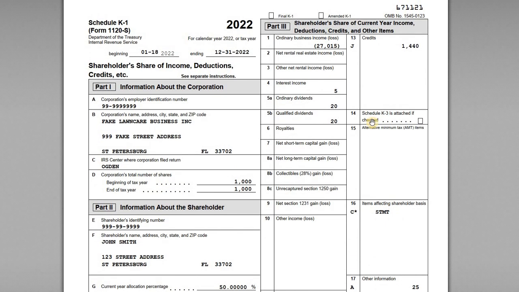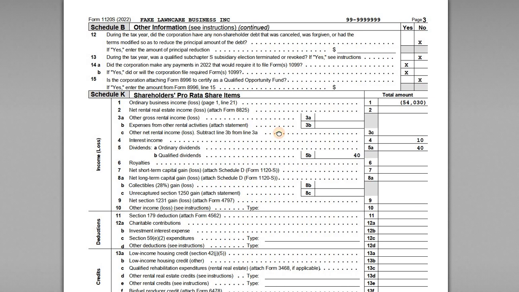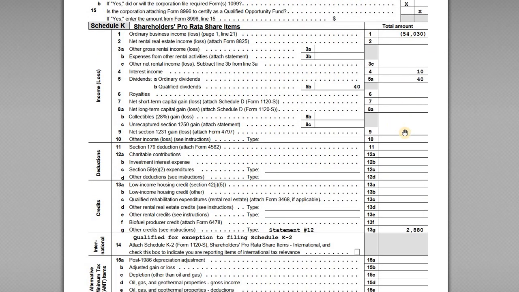all these items. Now, when we look at Part 3, these are the items flowing through from Schedule K on the 1120S. So if we go back to Schedule K, think of it as a listing of all the totals that have to be allocated across the shareholders depending on their ownership percentage, right?